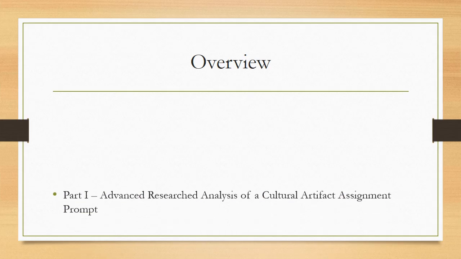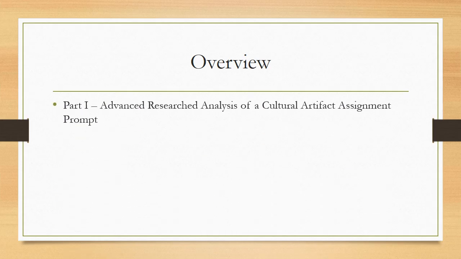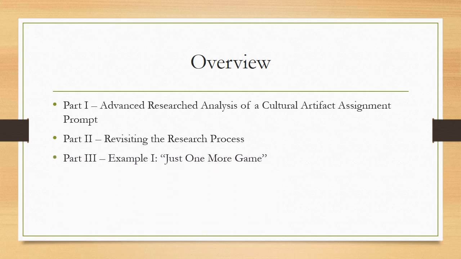First we'll look at the assignment prompt itself. In the second part of the lecture, we'll review the research process from 101, and then in the final 2 parts, we'll look at 2 examples of texts that illustrate what I'm asking you to do.